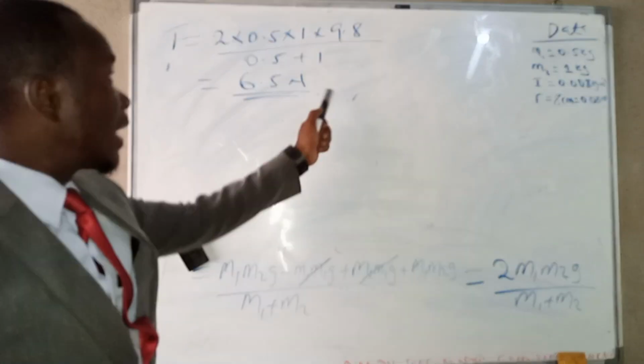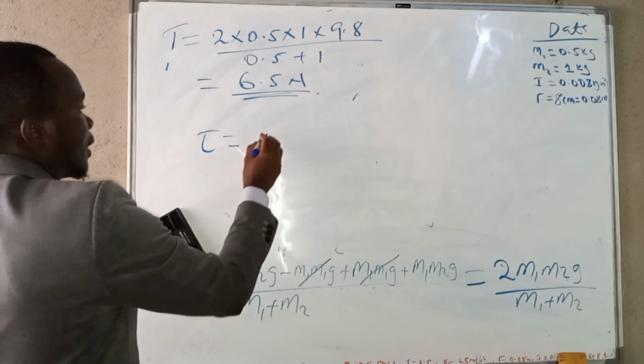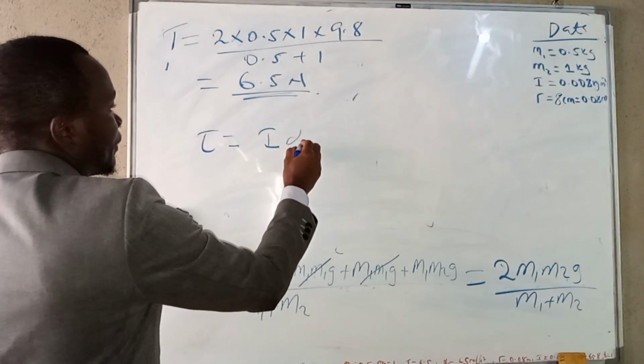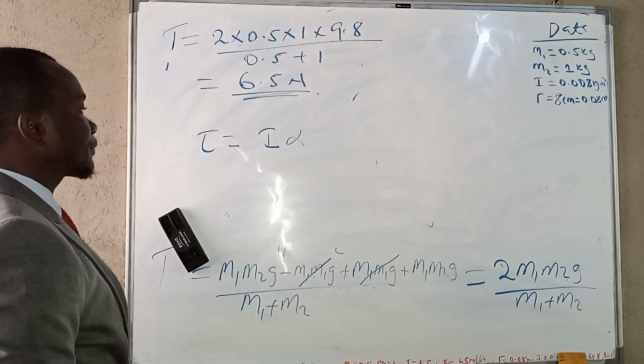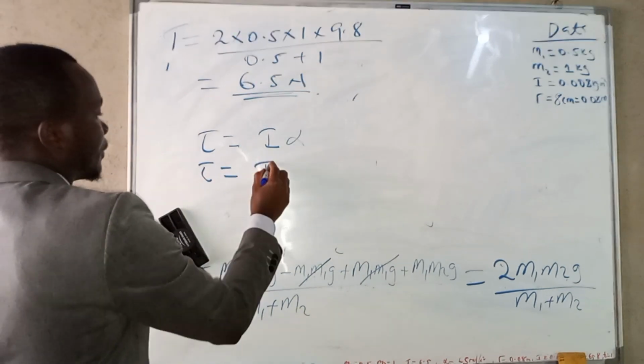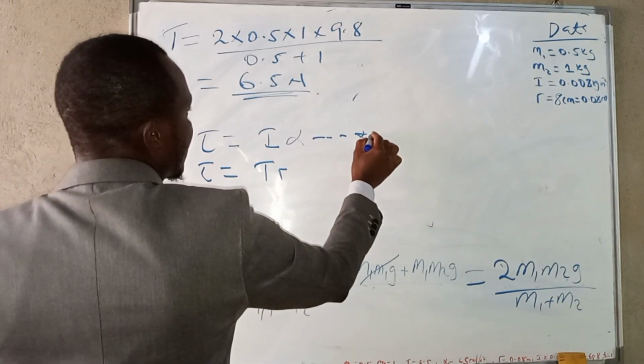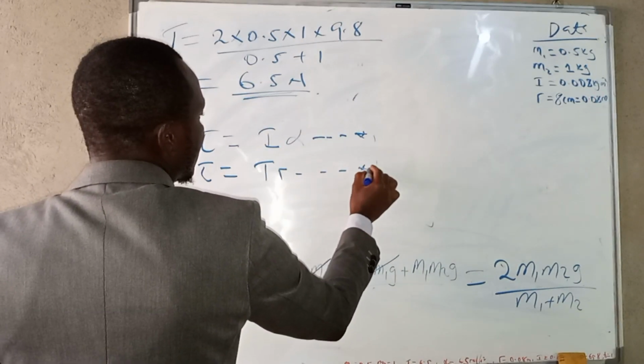Now, having solved this, we know that torque is equal to I alpha, and again, torque is equal to TR. Let's call these asterisk 1 and asterisk 2.